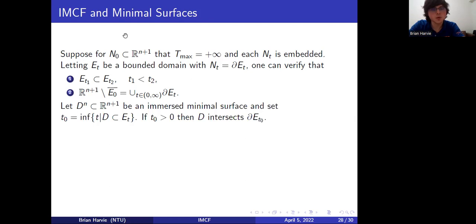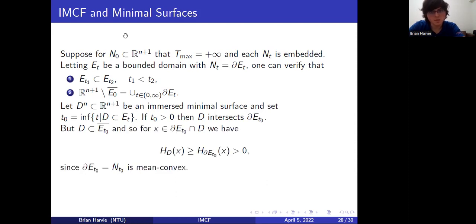So what happens if you put properties 1 and 2 together? Well, if you have any immersed minimal surface D which is bounded on N0, and you take T0 to be the infimum of all times such that D is contained within the domain E sub T, you know that D must intersect the boundary of E_T0.